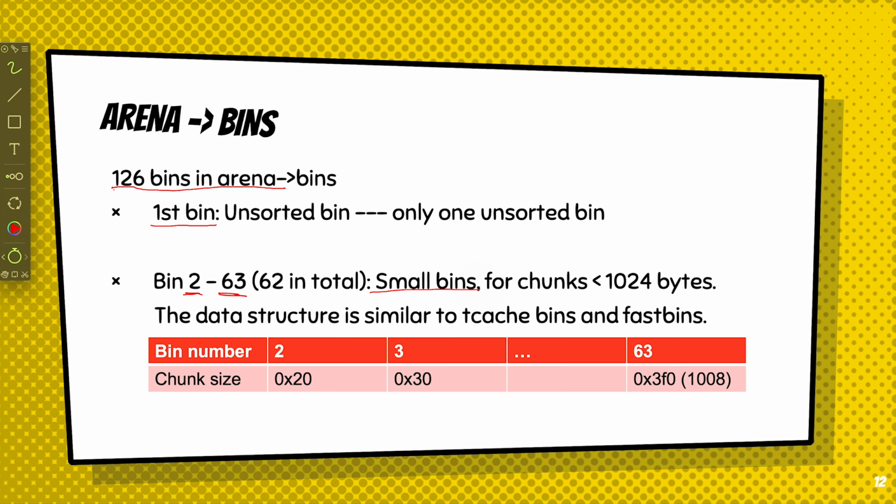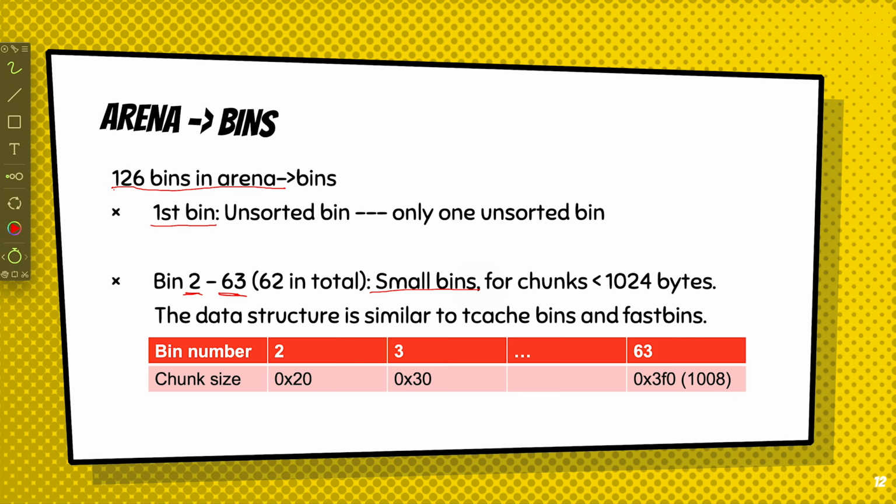So for bin number 2, the small bin is going to store chunks with the size of hex 20. Similarly, the third bin is going to store chunks with the size of hex 30. And then the 63rd one is going to store chunks with the size of hex 3F0 bytes, which is 1008 bytes.